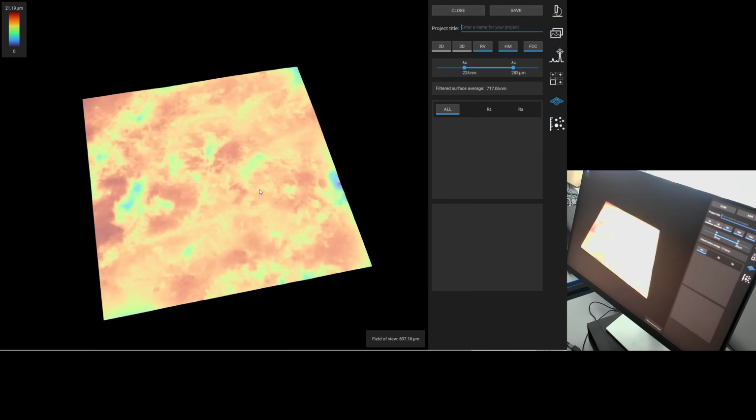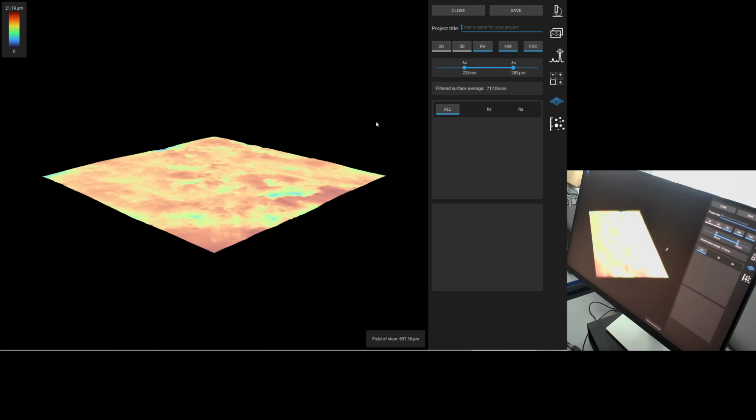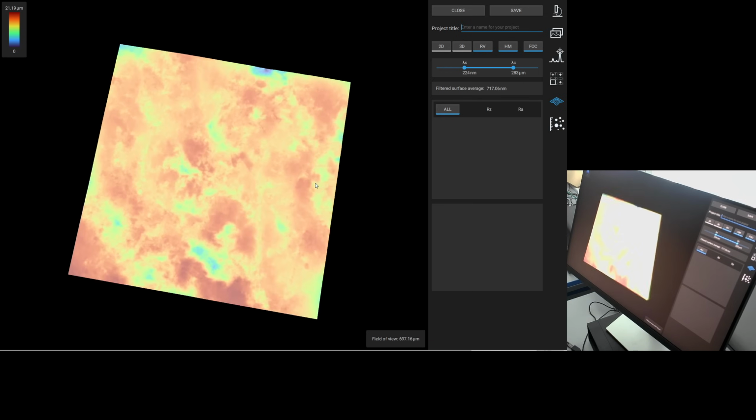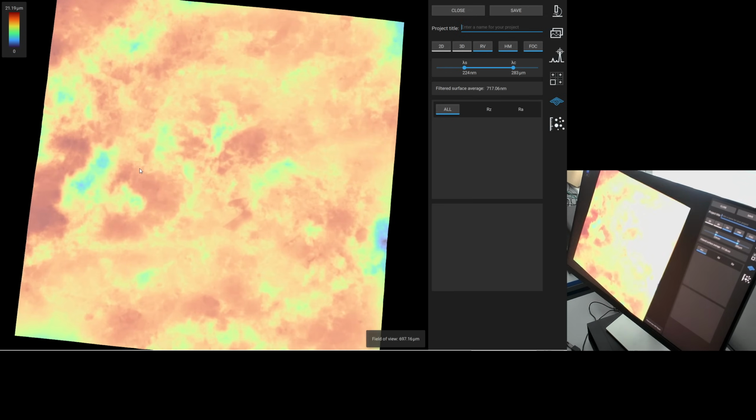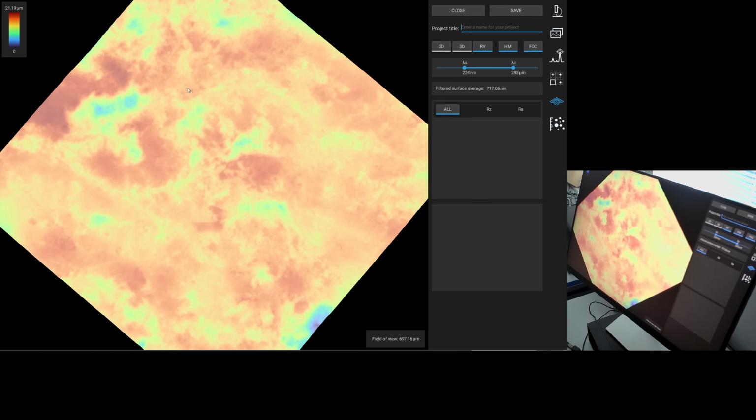Okay, it is extremely flat. Okay, so I think the biggest changes are in this area over here.